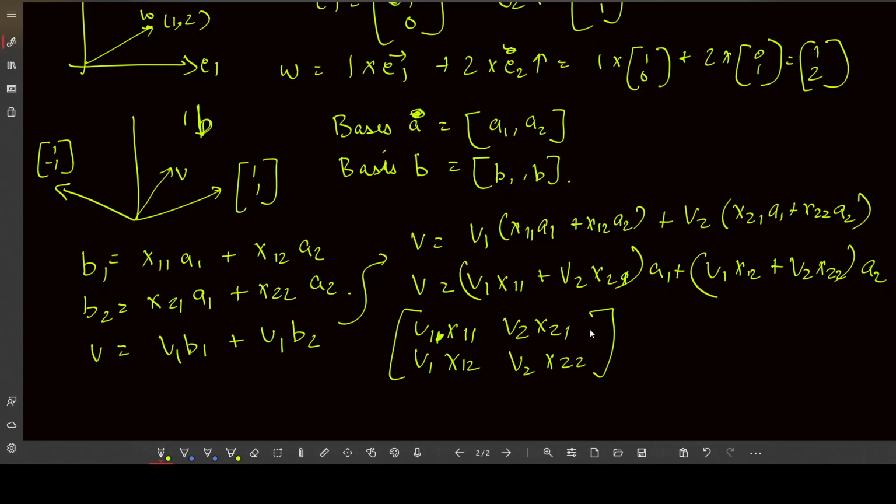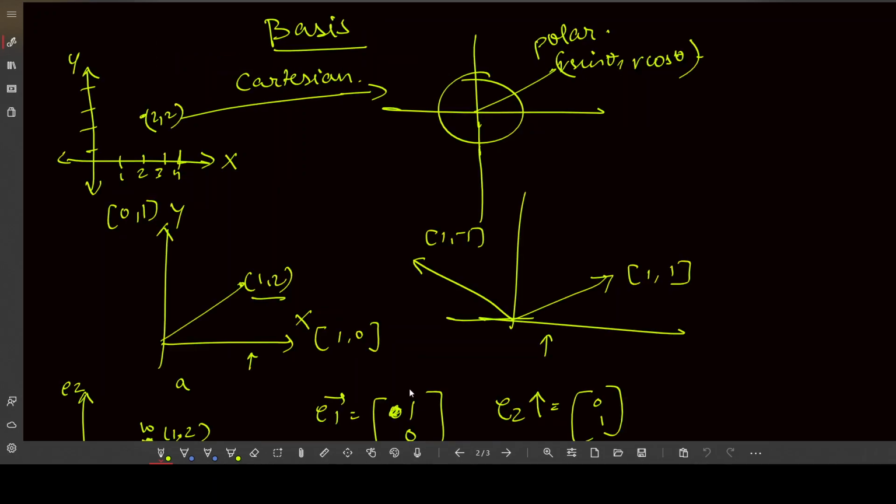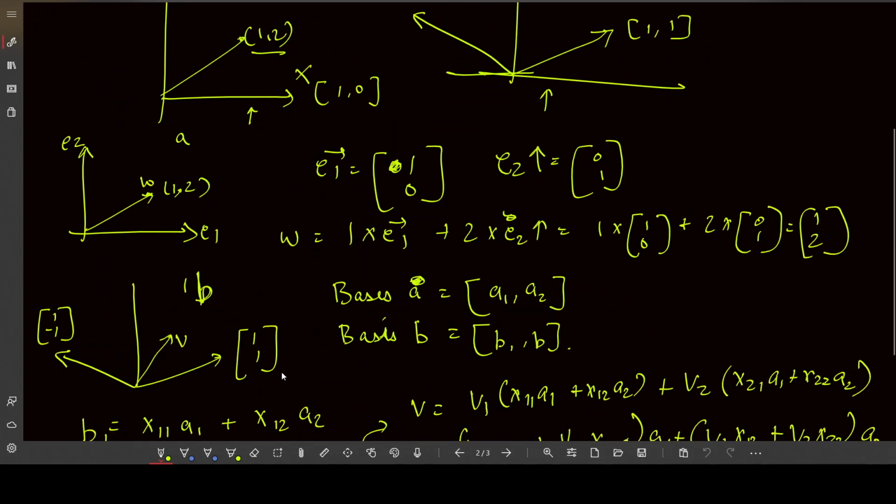This is equal to the coefficients of the vector V in the basis A. I'll go to the next page and write it again. V1 x11 plus V2 x21, V1 x12 plus V2 x22. This is equal to the coefficients of the vector V in the basis A.